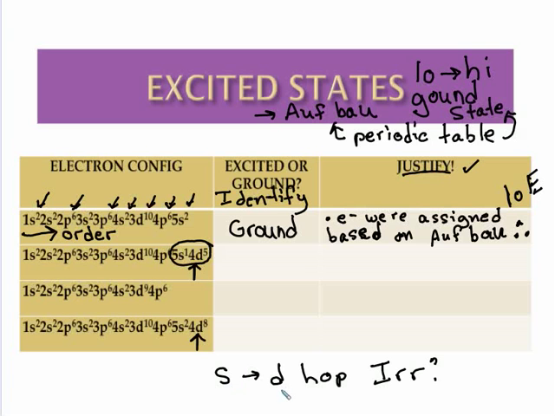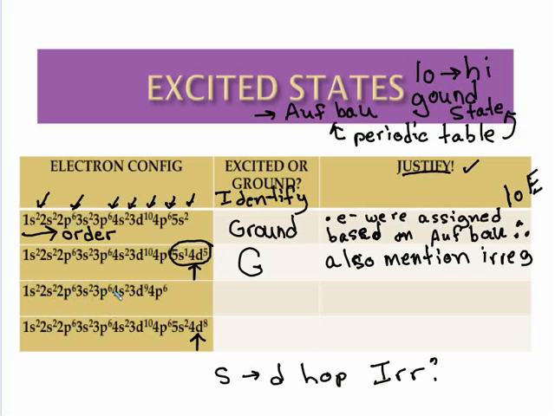Don't just assume that an S to a D hop is an excited state. And this one happens to be the element molybdenum, and it is an irregular, so it's ground state. And you would justify the same as above, but also mention that it's an irregular configuration.